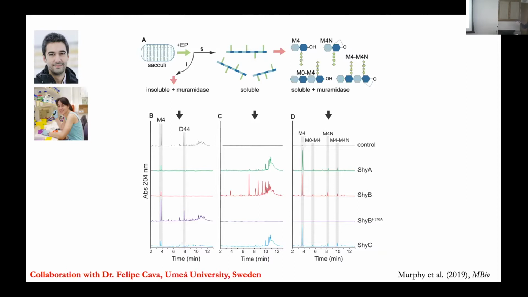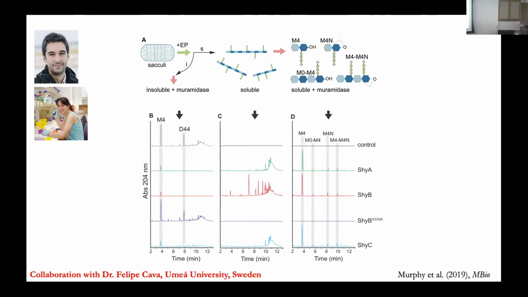And when we then digest this with a muramidase, revealing these diagnostic peaks, we notice that this reveals for all three a D-D endopeptidase activity. So they're indeed equal in terms of that. The specific activity seems to be a little different, but all of these have the same cutting specificity. All of them are the same type of endopeptidase.